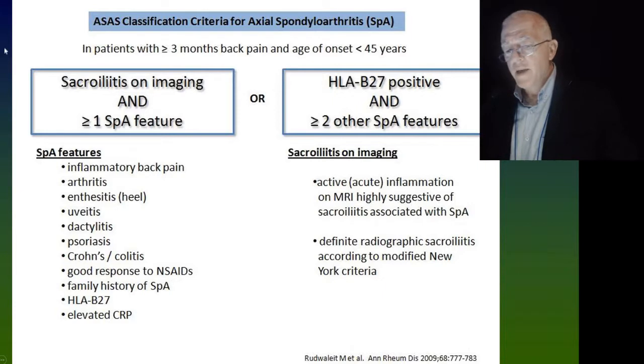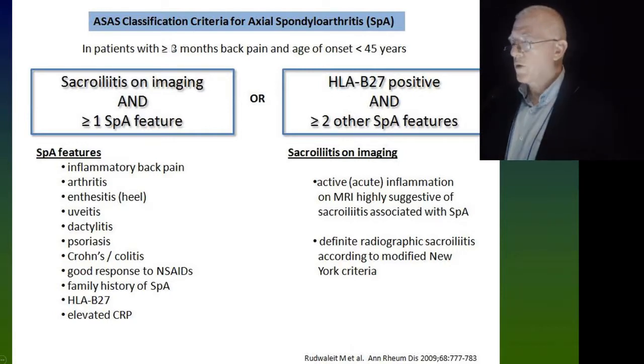So, with the ASAS criteria, axial spondyloarthropathy is suspected in patients younger than 45 years who have more than 3 months of back pain, which is inflammatory. That means it's morning pain and stiffness, which goes away or improves later on, and also it's a pain with no sciatica and no response to analgesics.